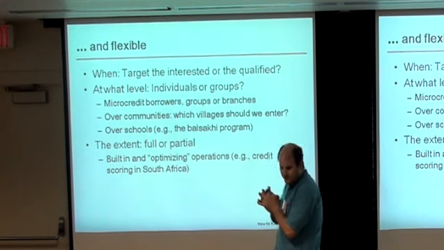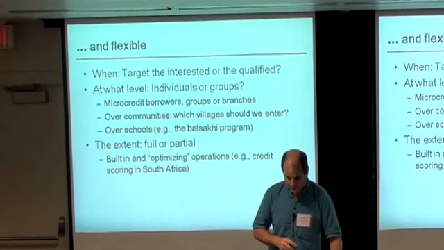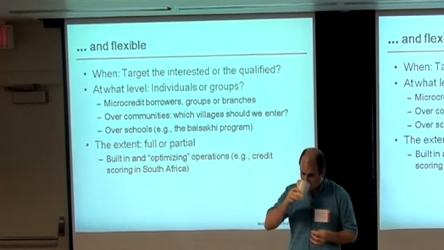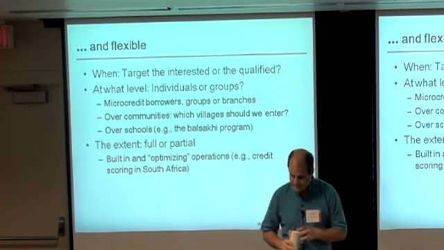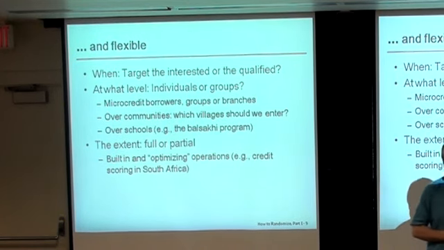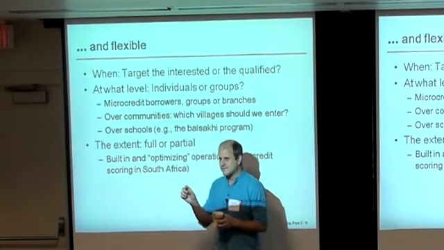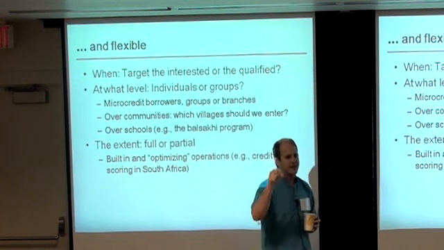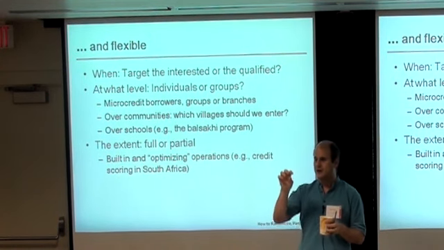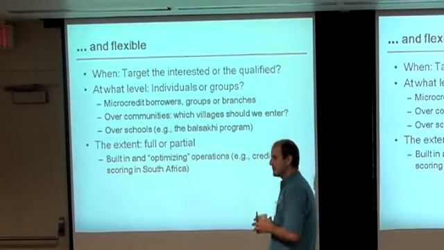There are also flexible ways of doing the lottery. So let's go through a few different scenarios here. First of all, there's often a question about the unit over which you randomize. What we mean by this is, if you're going to do a lottery, do you do it at the individual level, or do you do it, for instance, at the village, by offering an entire village a package of services?